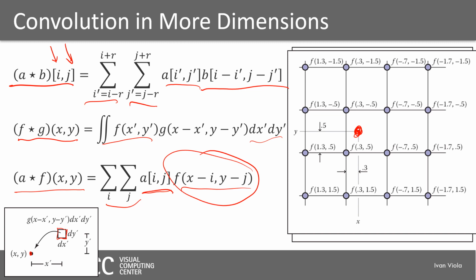So that would mean that our filter kernel will be weighting this sample with values 0.3, 0.5, so not 0, 0, because there is no sample defined where the filter would be 0, 0. Here is 0.3, minus 0.5, and so on. Here we have minus 0.7, 0.5.